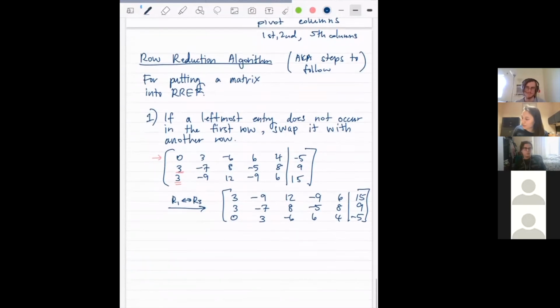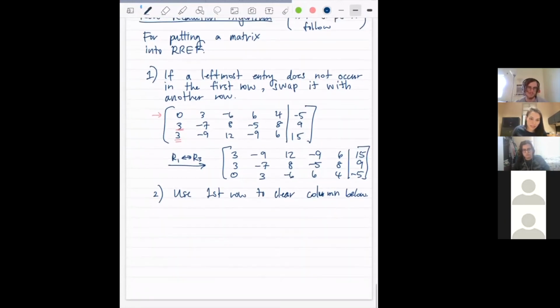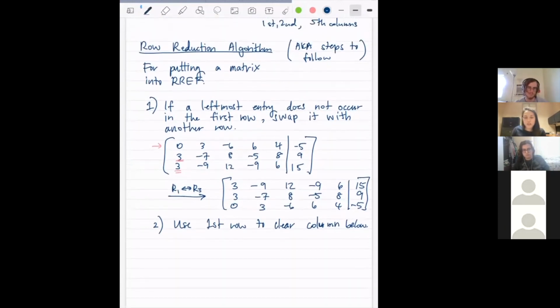Okay, so here we have the first step, and then the second step is going to be that you use the first row to clear the column below. So what we mean by that is that we can use replacement to eliminate any of the non-zero values in the column below your leading entry that you're focusing on, right?